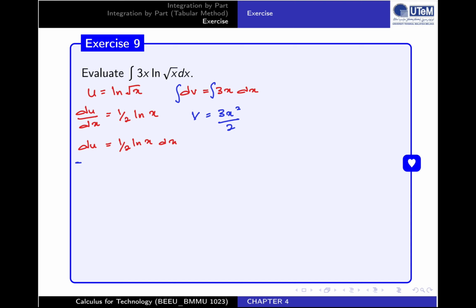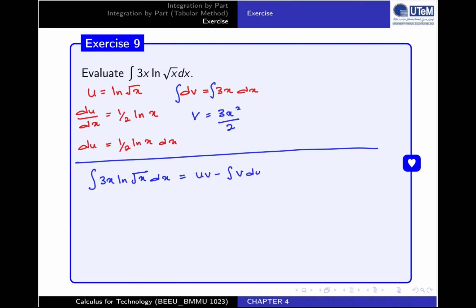So put in the formula, the integration of 3x ln square root of x dx equal to uv minus the integration of v du.